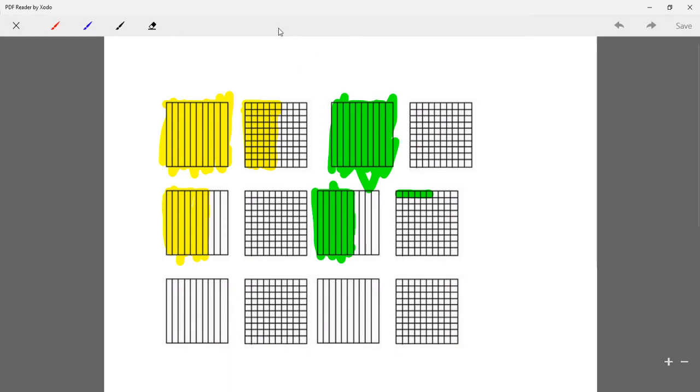So we could still have this same exact problem, like what is combined yellow plus green.